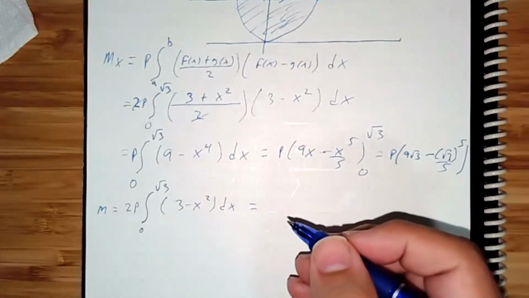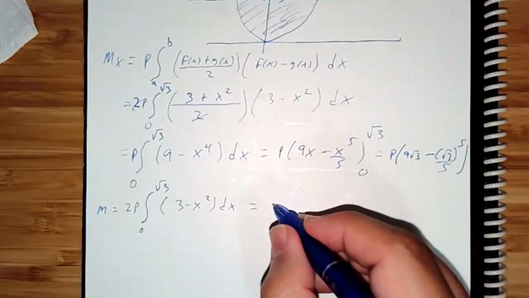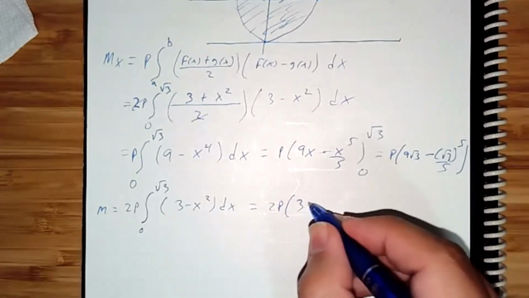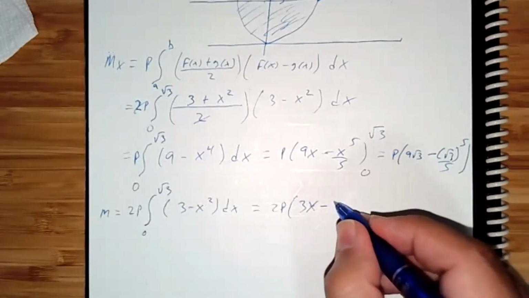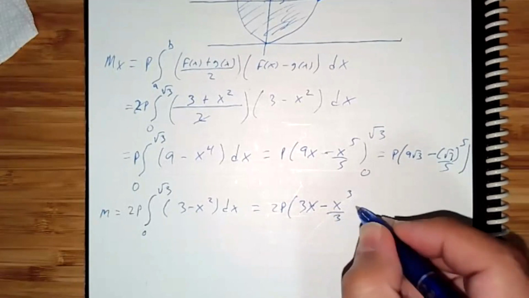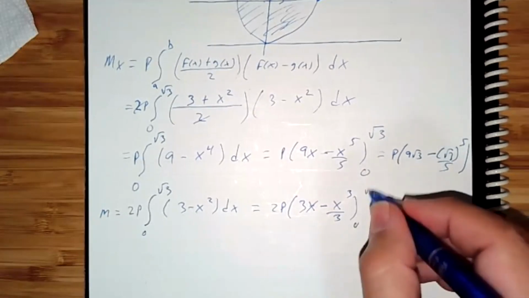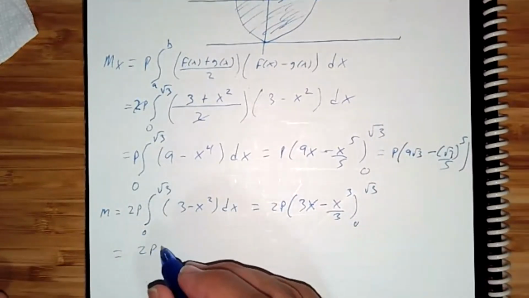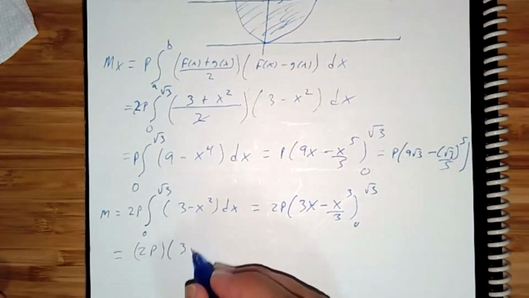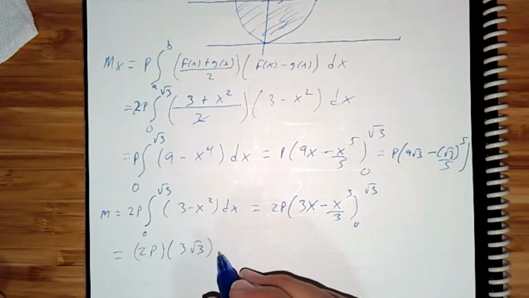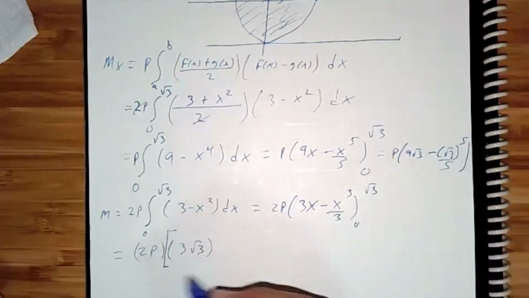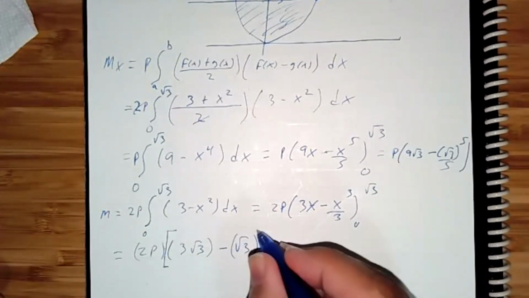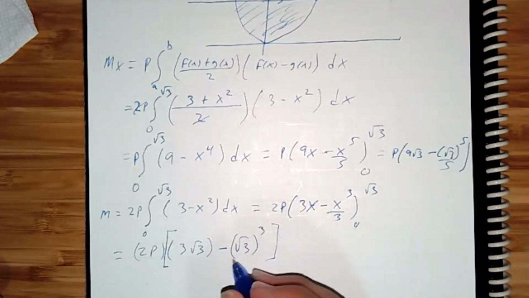So little m will be 2 rho times 3x minus x cubed over 3 from 0 to root 3. So little m will be 2 rho times 3 root 3 minus root 3 cubed over 3.